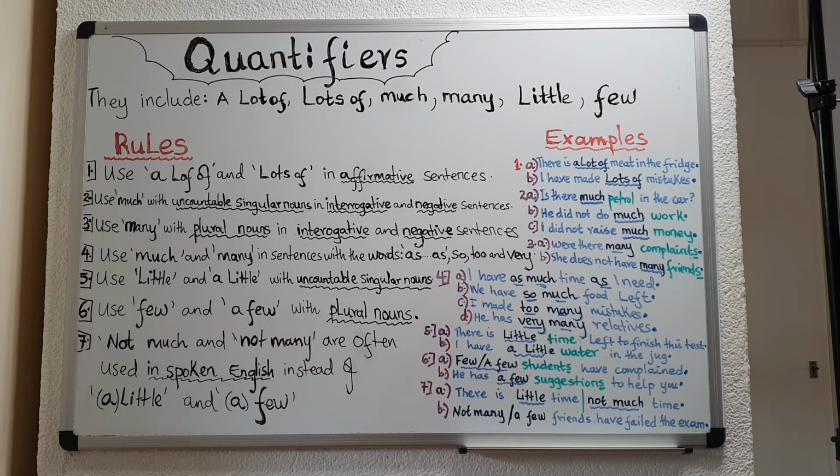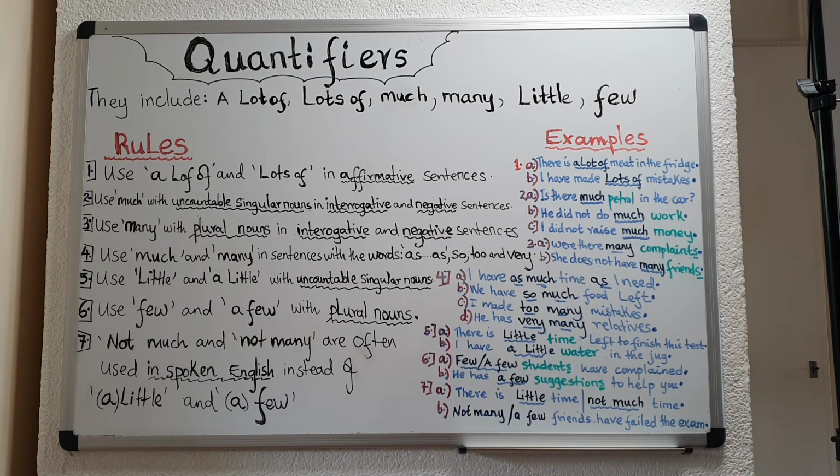Time is an uncountable noun, okay? So that's why we're using little. And in the next example, 5b, I have a little water in the jug. Water is also an uncountable noun. Okay?